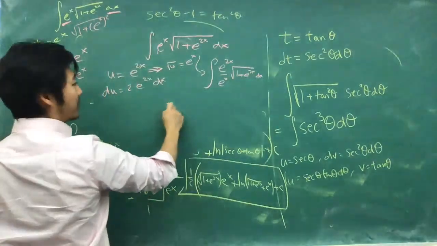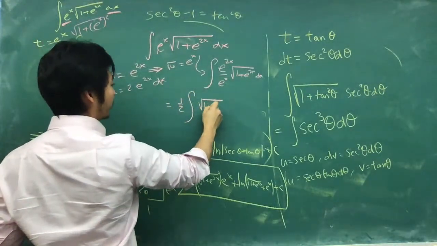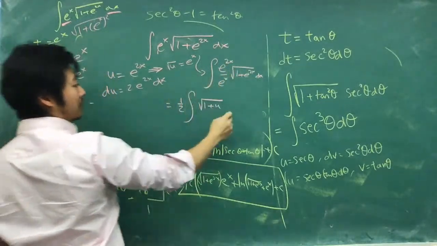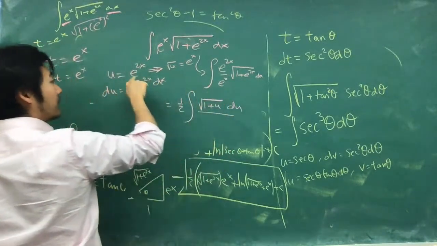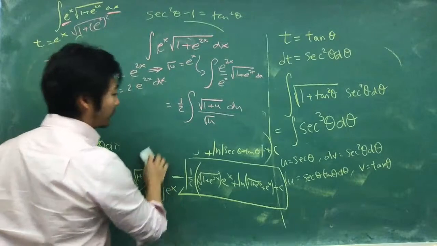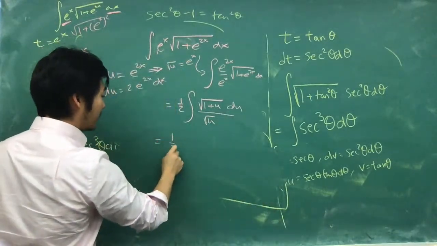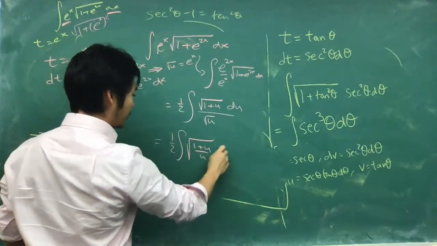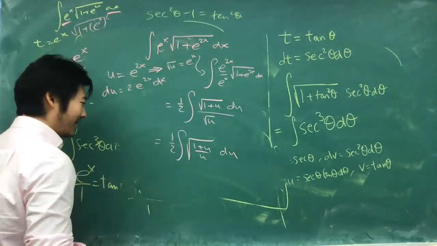So this will become 1/2 square root 1 plus u, and then e to the 2x dx is du with a 1/2, divided by e to the x, which is root u. So now you have to integrate this guy, 1/2 square root 1 plus u over u du, which is not easy.